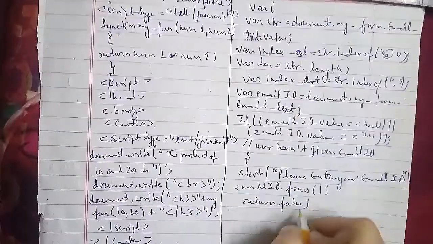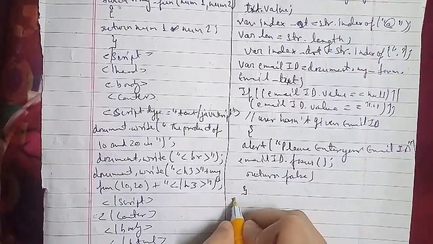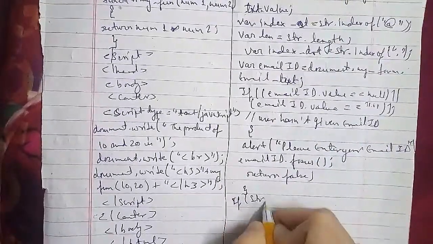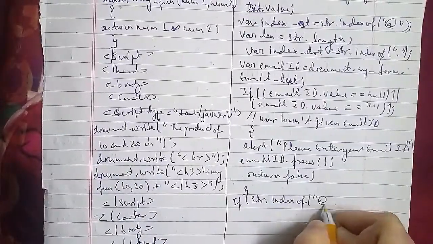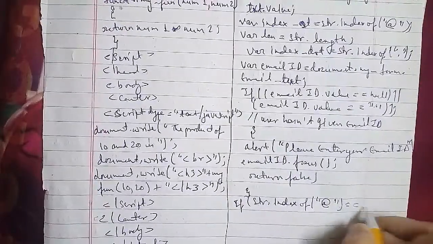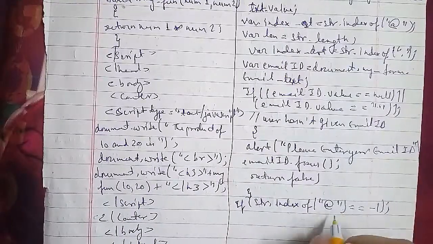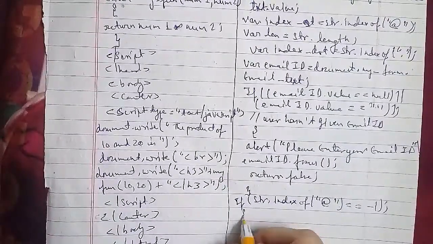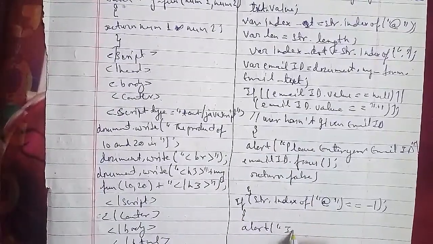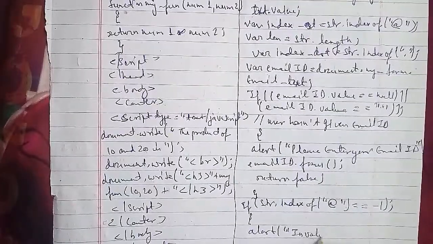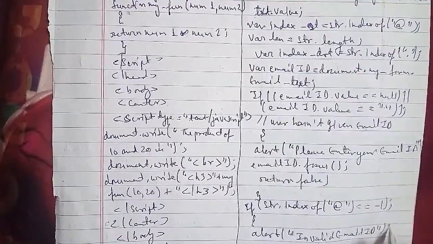Then if str.indexOf(".") equals -1, start index of that equals 0, and then again another str.indexOf, that equals index at.